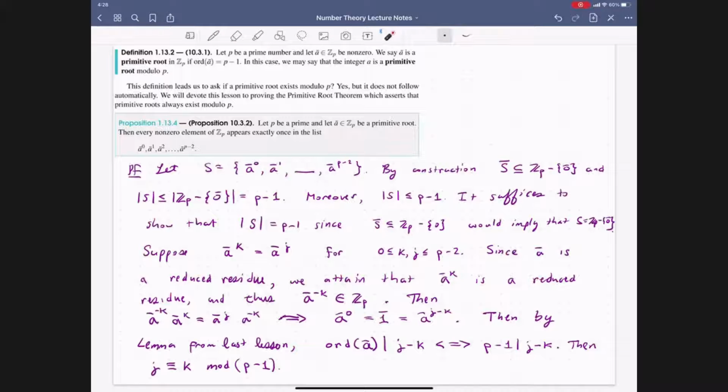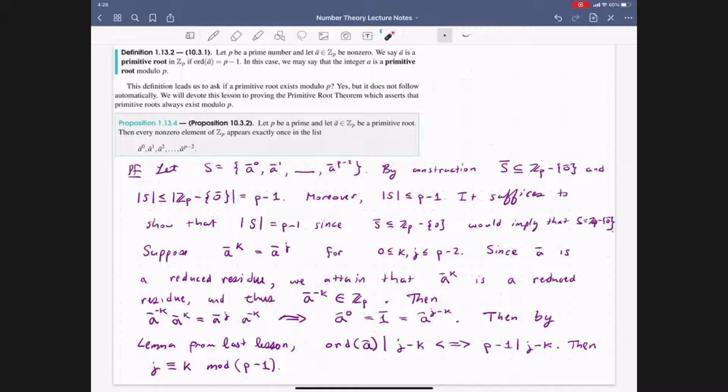So they're in the same congruence class, but what's the problem with this? Well, our assumption is that k and j are both between 0 and p minus 2. But now we have that they're in the same congruence class, so we know that there is a representative for j and k. So under this assumption, k is an element between 0 and p minus 2, and so is j.